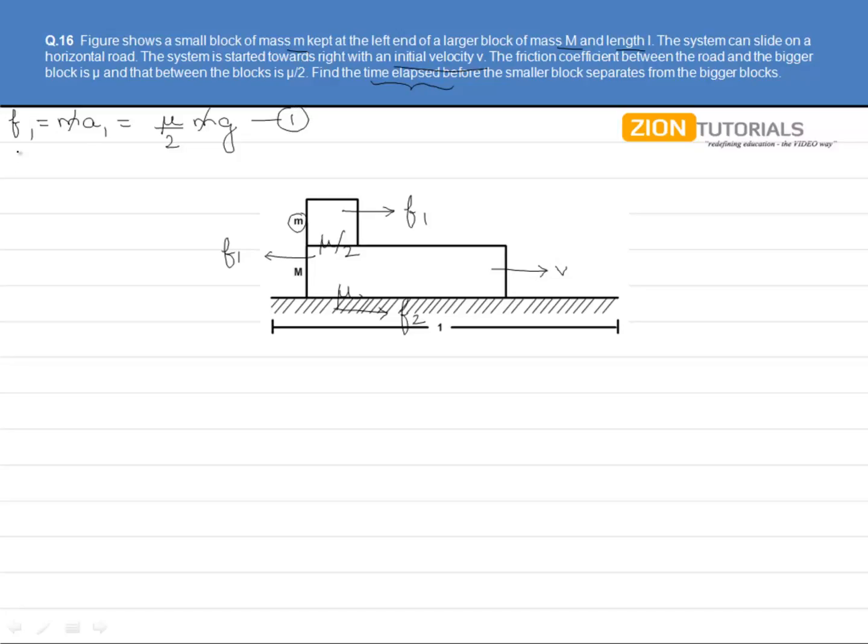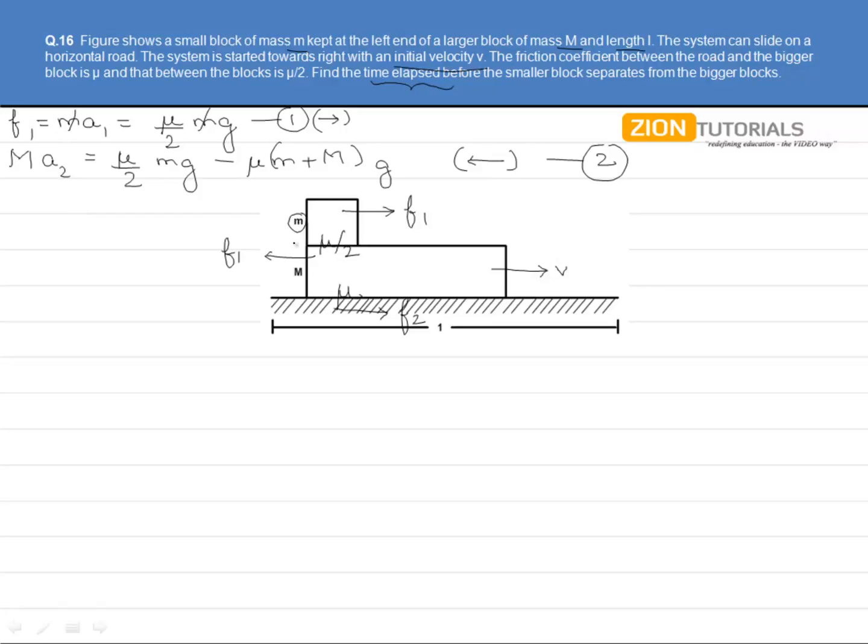Let us move to the bigger block, that is, mass into acceleration equals mu by 2 mg minus mu (M plus m) g towards left. Please note that this is in the right direction and this is in the left. So marking it as equation number 2.